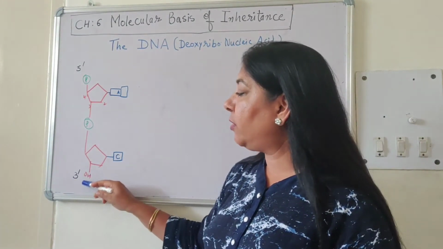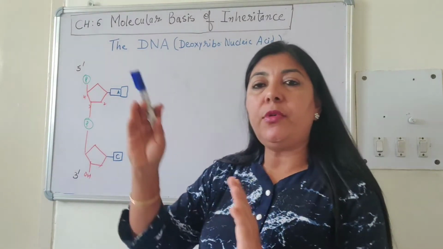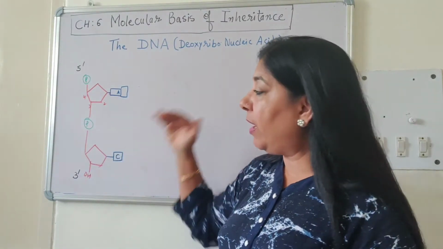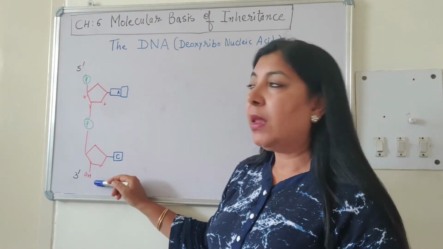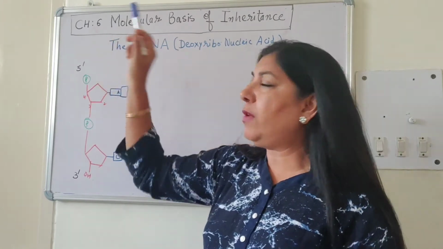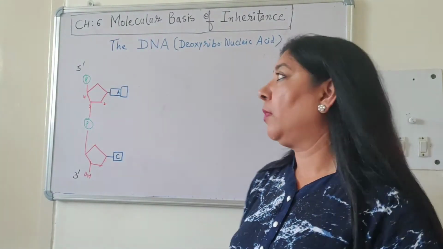Therefore, this becomes 3 prime. So when I say 5 prime to 3 prime, 3 prime will always have the hydroxyl group and 5 prime will always have a phosphate group by rule.